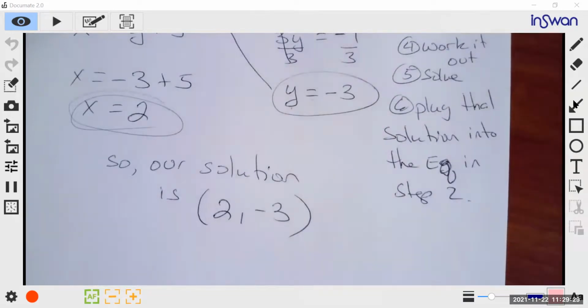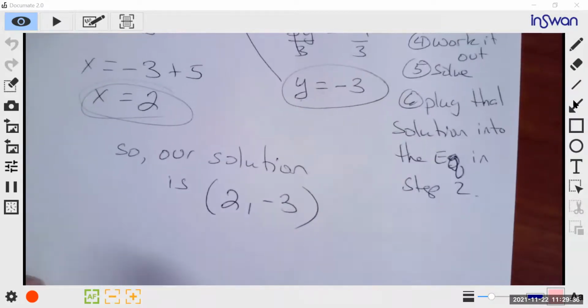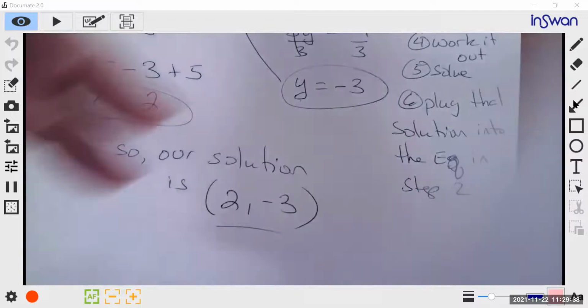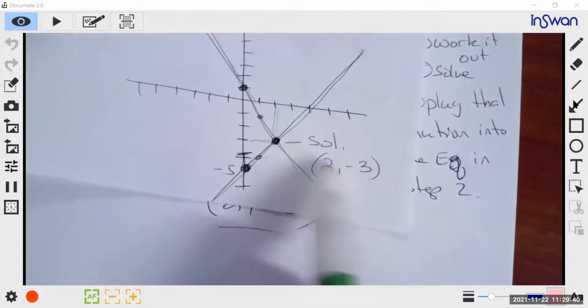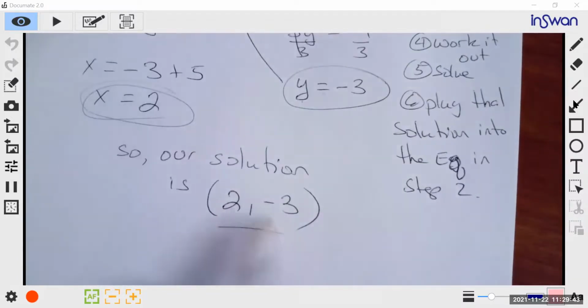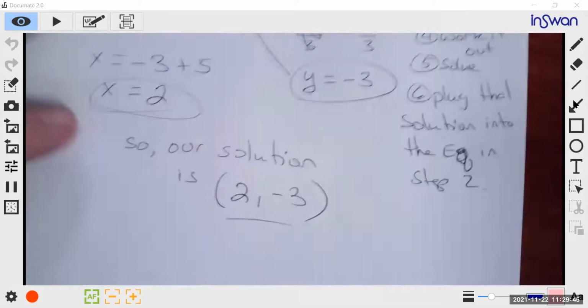That's what I guessed, because normally my graphs are so horrible, I'm off by a ton. If you look, we get the same answer we did last time, where the intersect was 2, negative 3. So that's substitution.